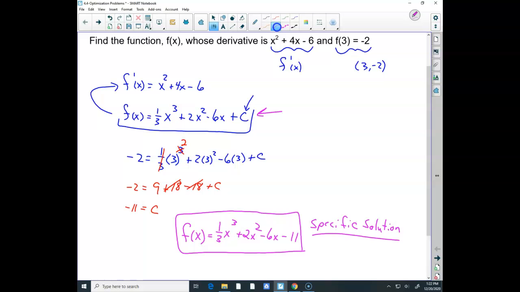And before I got there, this is my general antiderivative. That's the general one because there's an infinite number of functions that have that derivative. That's why with the c, that's the general. I want the specific one that goes through that point.